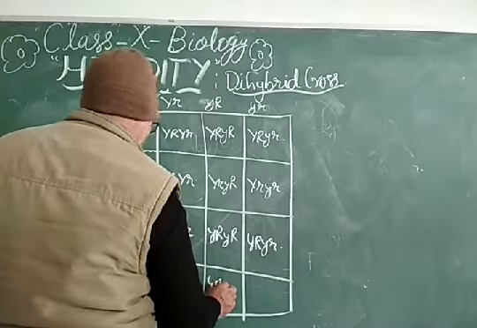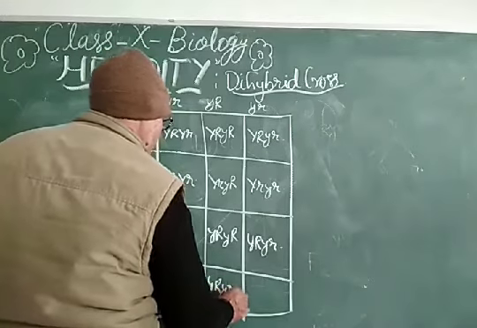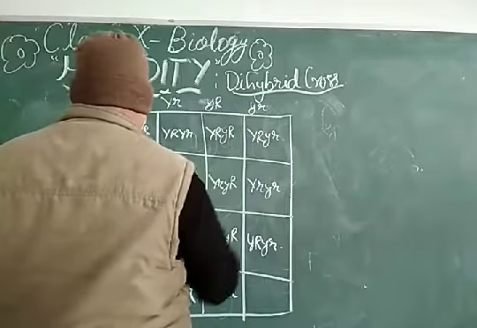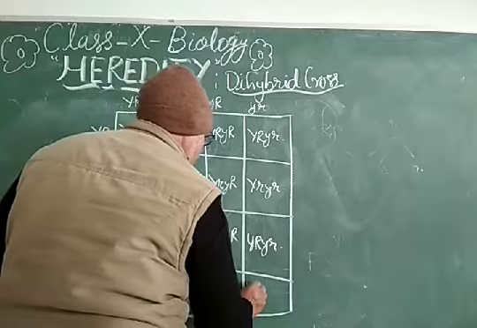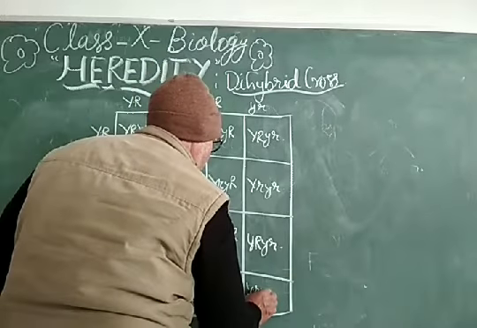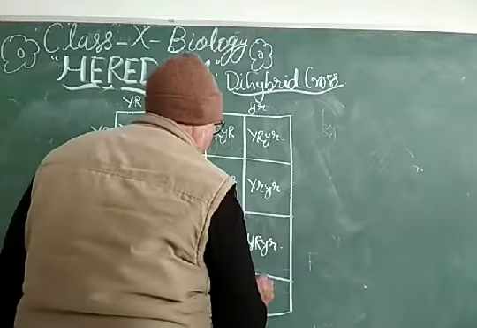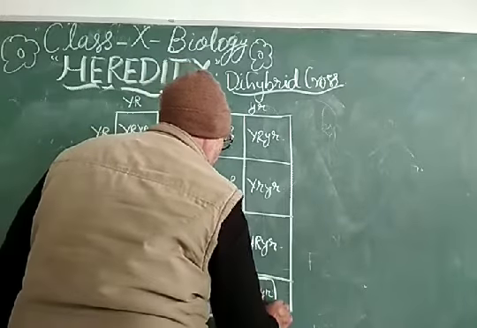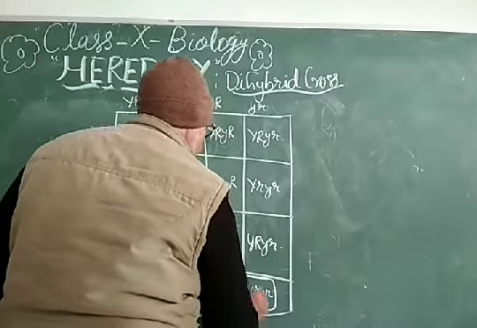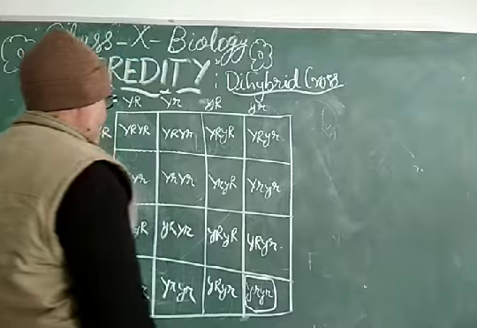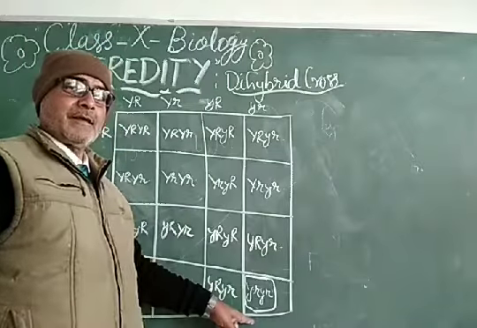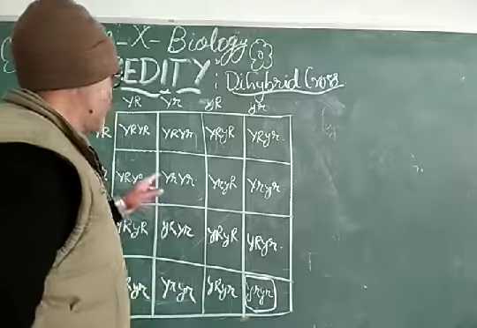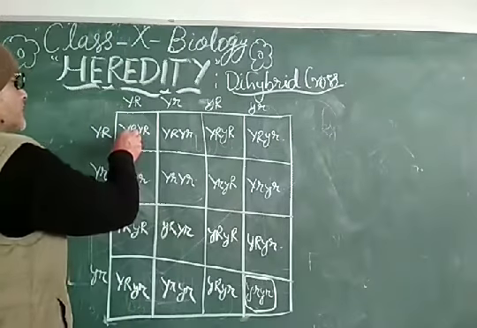YR and small y, small r, and that is with this completely, it gets completely segregated as small y, small r, small y, small r. So this is the one, and in this column, this recessive character gets segregated apart from other segregation like this one.